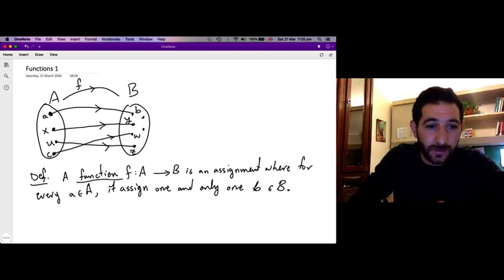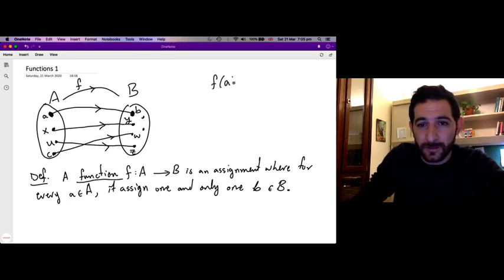Now look here in this diagram, the function f assigns the element b to the element a. In this case, we write that f of a is equal to b. Again, by this we mean that the function f assigns to a the element b.